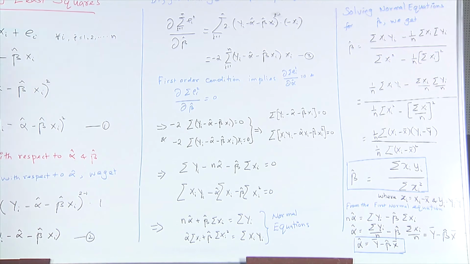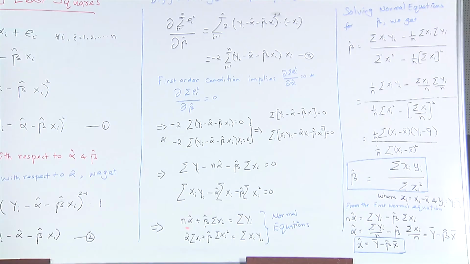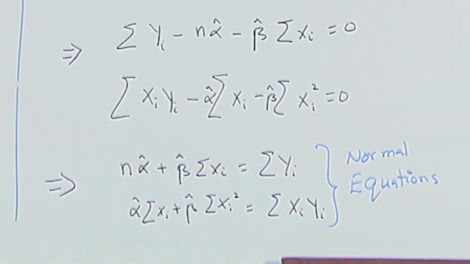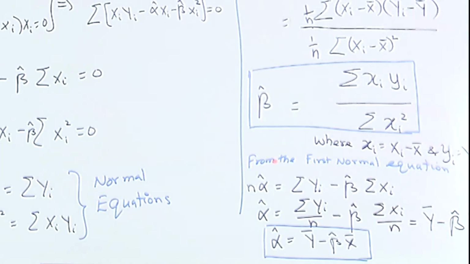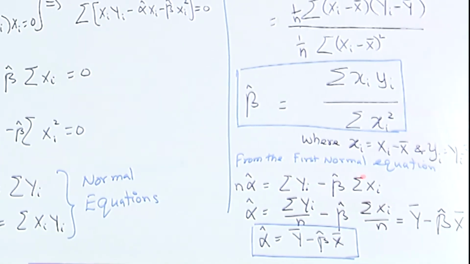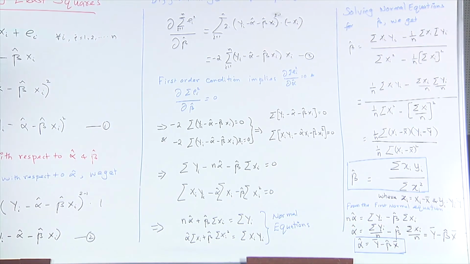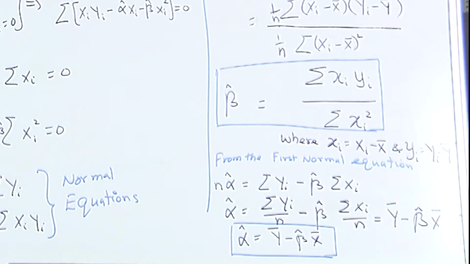You can find the estimator of alpha hat from the first normal equation. So, this is the first normal equation. We will keep alpha hat on one side and the other terms to the other side. So, if you shift that, you get n alpha hat is equal to sigma yi minus beta hat sigma xi. Then dividing both sides by n, we get alpha hat is equal to sigma yi by n minus beta hat sigma xi by n.